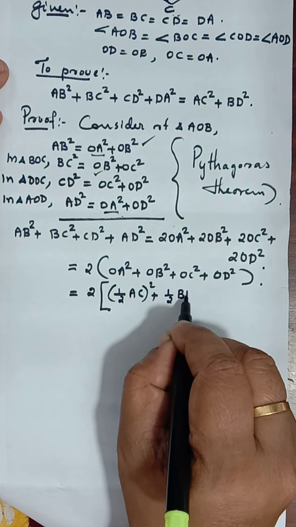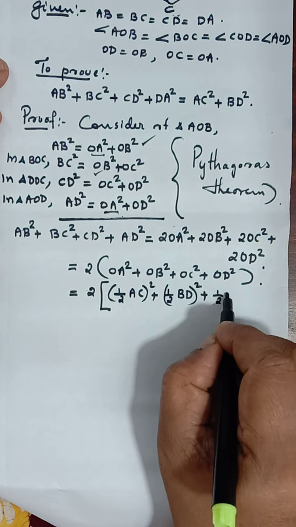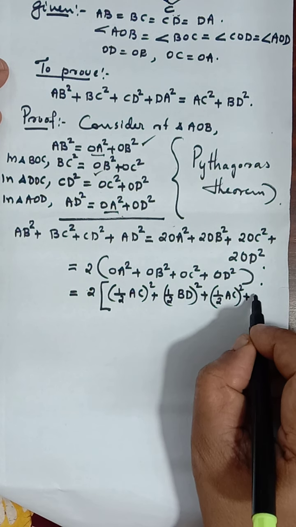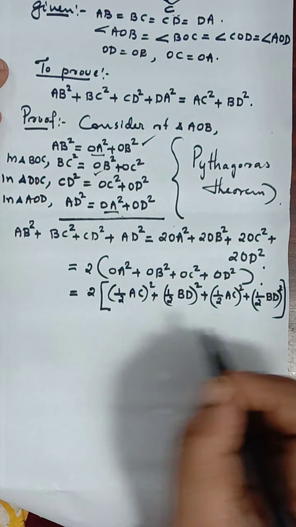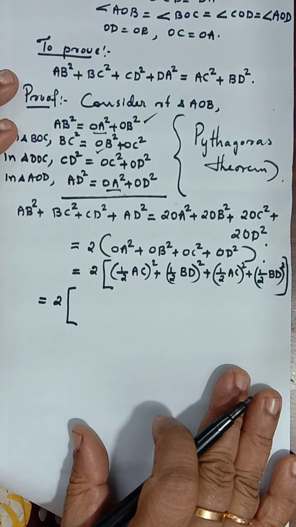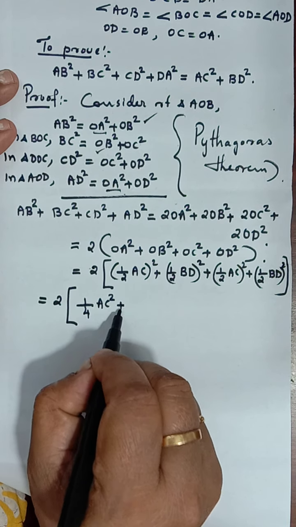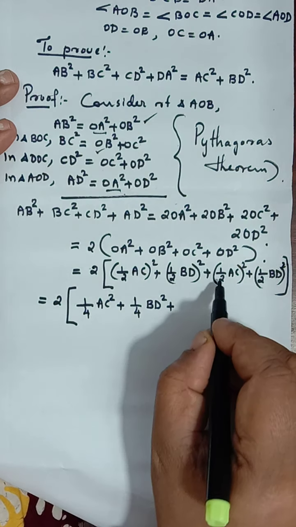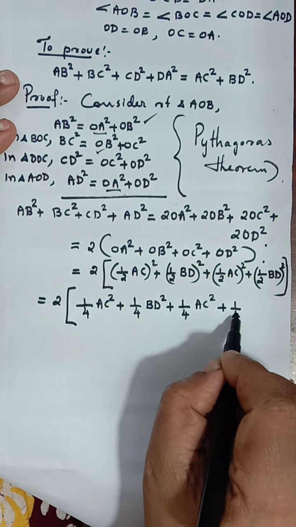Similarly OC is half of AC whole square, and OD is half of BD whole square. So that is equal to 2 into, opening the squares, 1 by 4 AC square plus 1 by 4 BD square plus 1 by 4 AC square again plus 1 by 4 BD square.